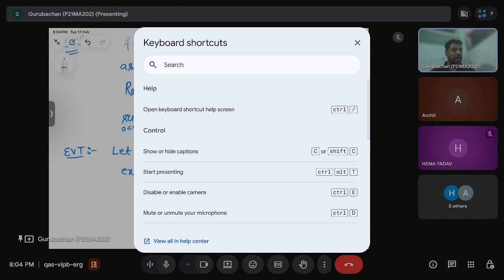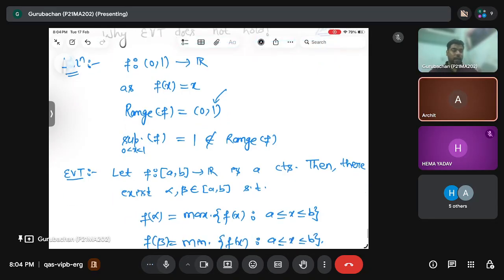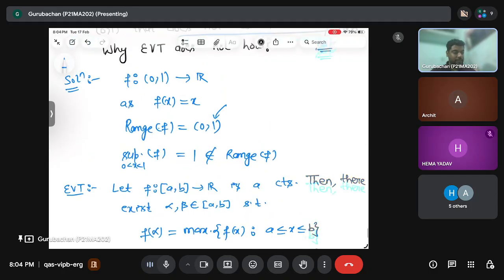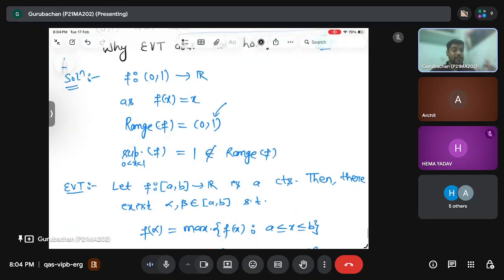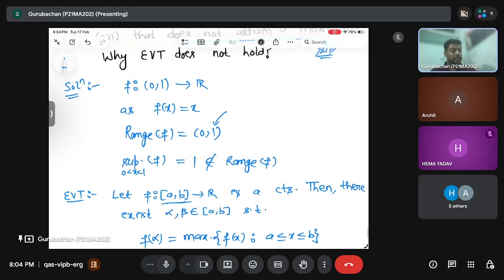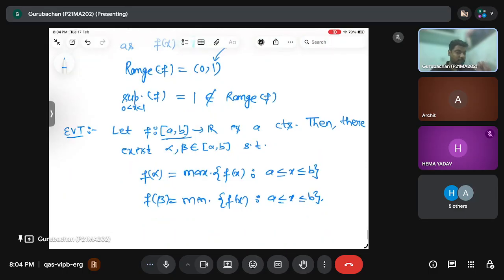So here I was saying, is it visible on screen to everyone? Yes, sir. So here I was saying about that continuity, but rather than continuity, the crux is the interval. Here it is a closed interval. Here it is an open interval. So that means this interval also plays a role.